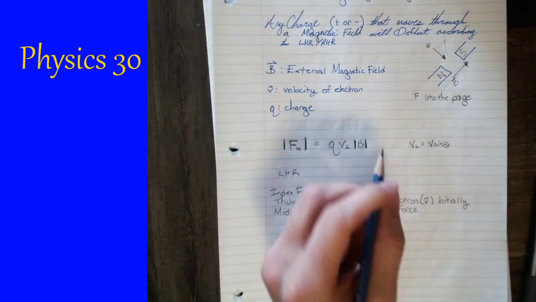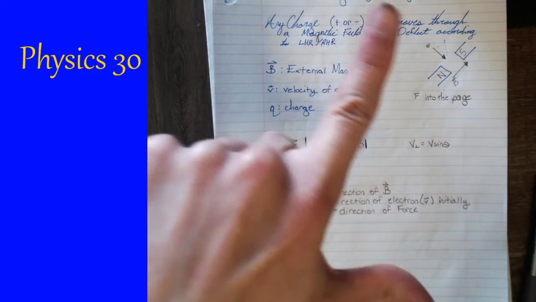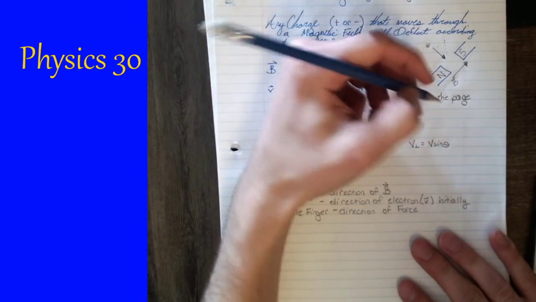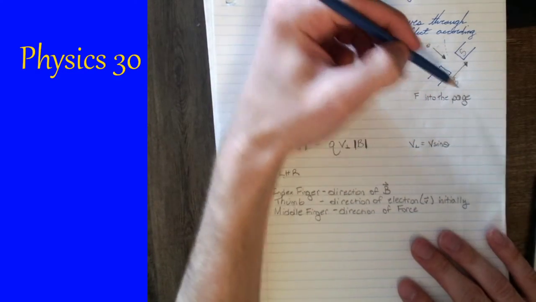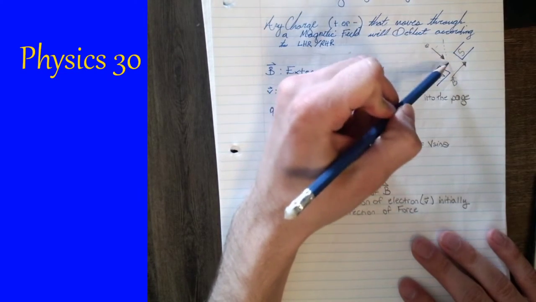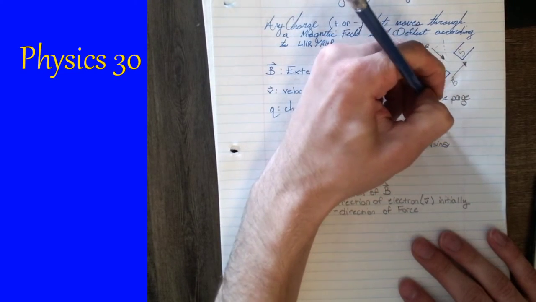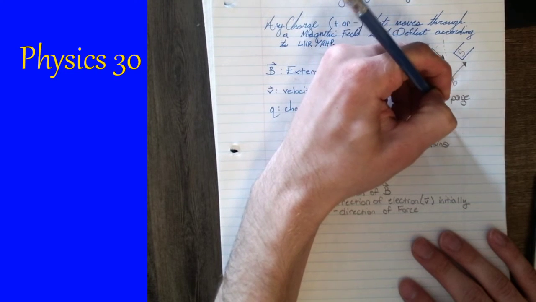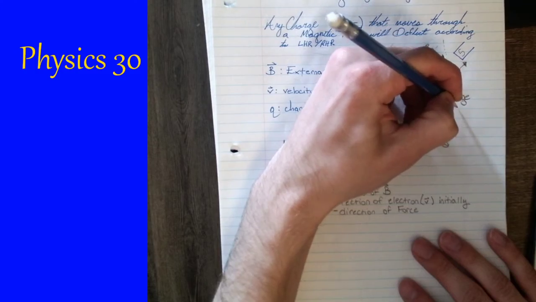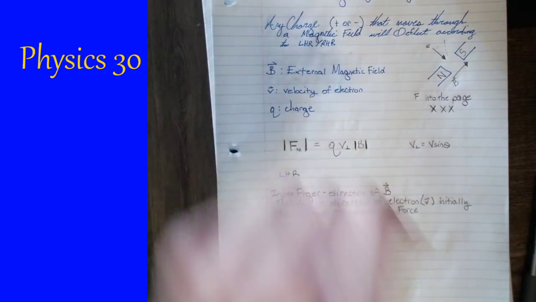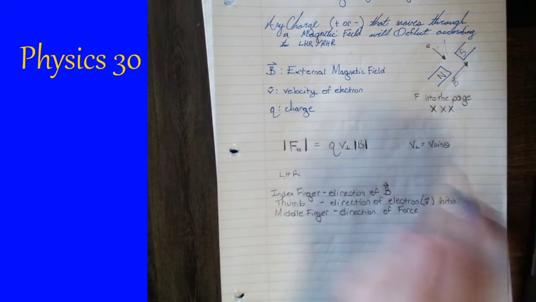And into the page we actually have a special kind of way of signifying that. If this is that way, and the electron's going in this direction, into the page looks like this. We actually draw an X. So that dictates that the force will go into the page.